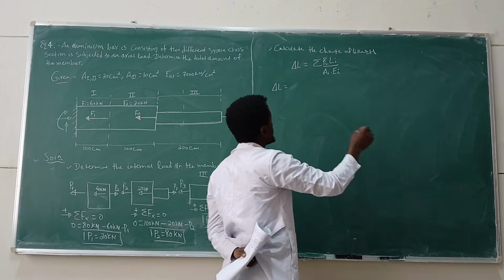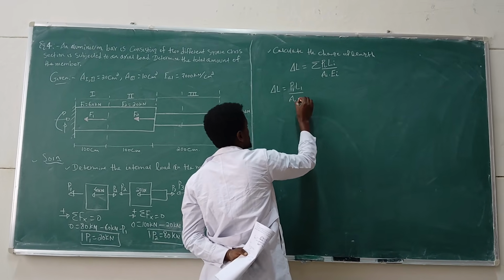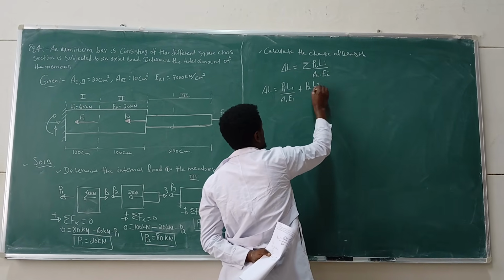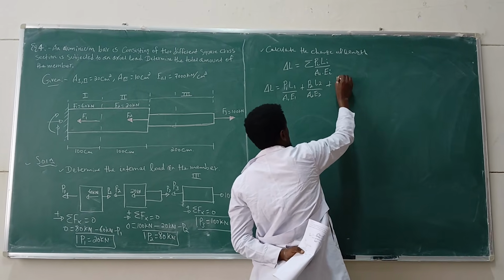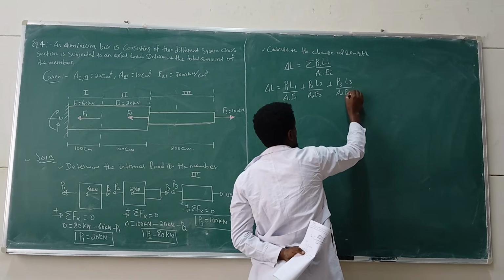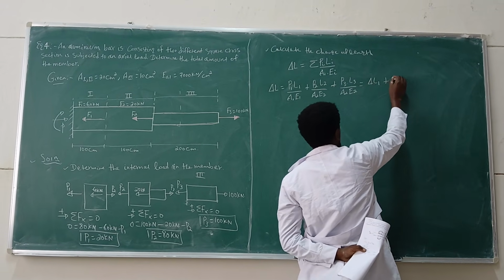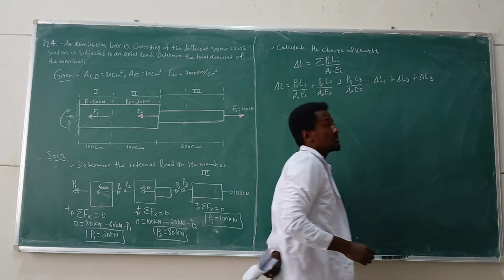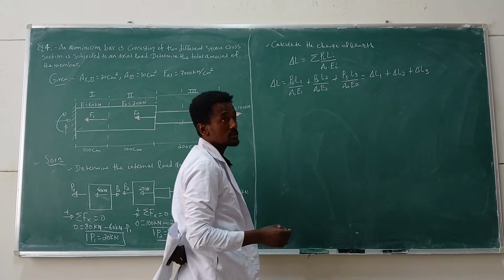Total change of length is equal to P1 N1 divided by A1 E1, plus P2 N2 divided by A2 E2, plus P3 N3 divided by A3 E3. This means change of length 1, plus change of length 2, plus change of length 3 of the members. We can proceed to do this separately.